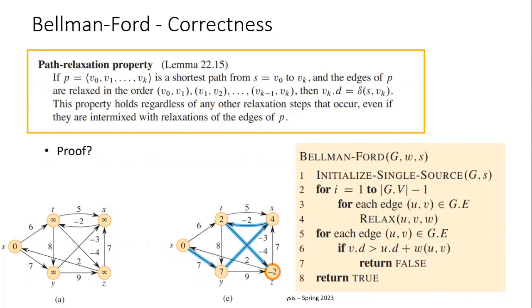So how do you see these two connecting, and can you see why the path relaxation property can help with the Bellman-Ford proof? Let's see if somebody has a suggestion.